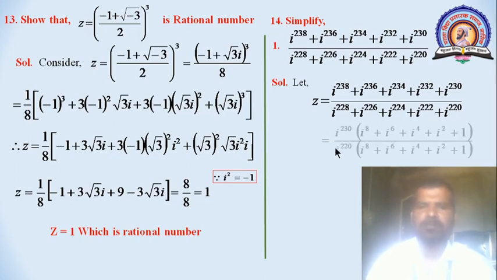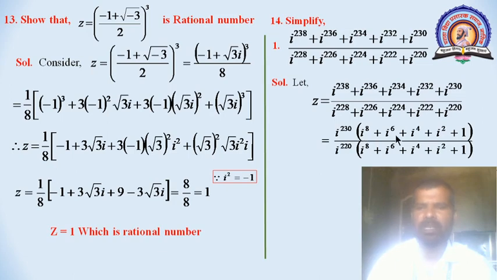So you will get i^230 into (i^8 + i^6 + i^4 + i² + 1) upon i^220 into (i^8 + i^6 + i^4 + i² + 1). These two brackets get cancelled.